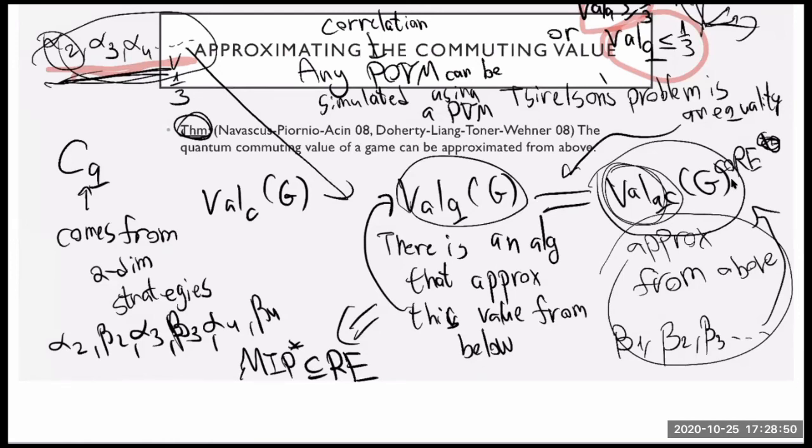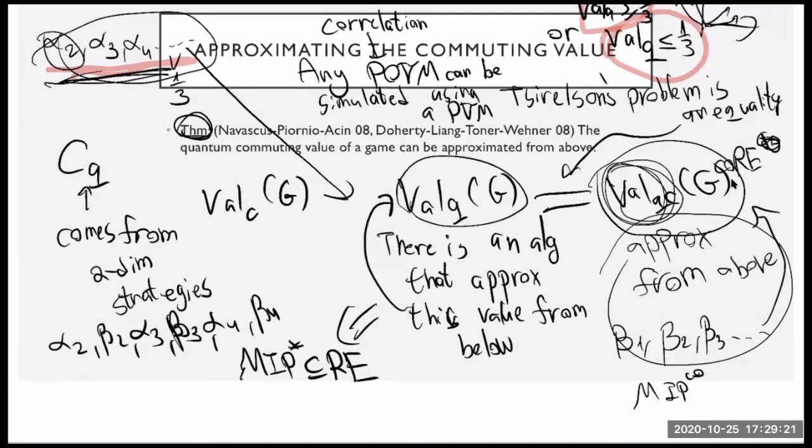This is MIP core, distinguishing between val Q of C greater or equal to 2/3 or smaller or equal to 1/3. This is what's called MIP commuting. Okay, so the MIP that comes from the commuting model, the quantum commuting model, is known to be in co-RE. This is what I just said. It is not known whether this is a co-RE complete problem, as I mentioned a moment ago.